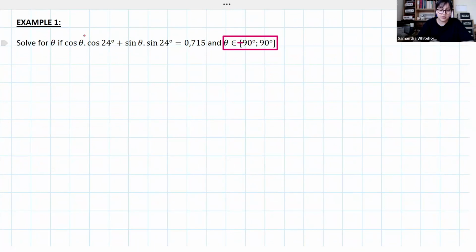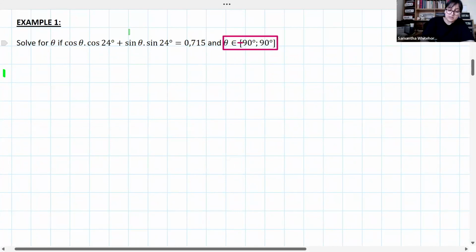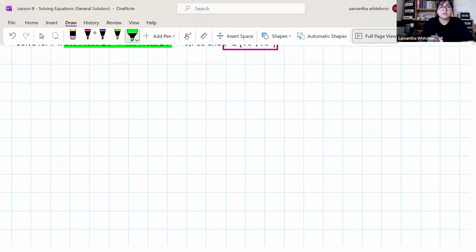What we should notice firstly, straight off the bat, is that cos theta times cos 24 plus sine theta times sine 24 is a compound angle formula. It's cos cos, sine sine, so it's a cos compound angle formula. Remember, with cos, if it's a plus, it's then a minus in your expansion and vice versa.